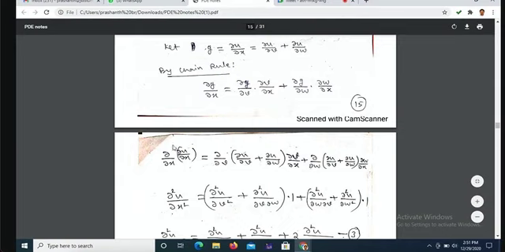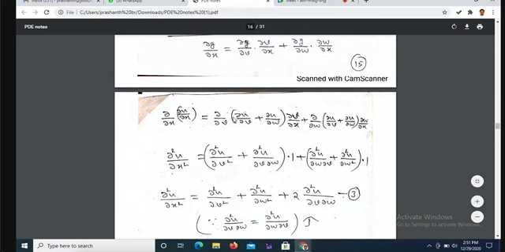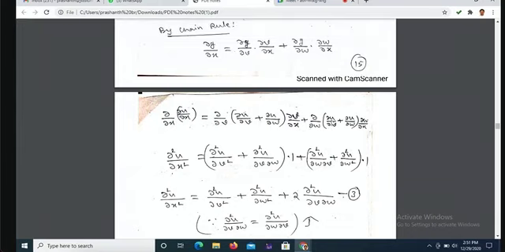Now multiply it. This is of course ∂²u/∂x². If you multiply with this one, you get ∂²u/∂v², plus ∂²u/∂v∂w into ∂v/∂x, which you know we already did, is 1. Again you multiply, ∂²u/∂w∂v plus ∂²u/∂w² into 1. Okay.